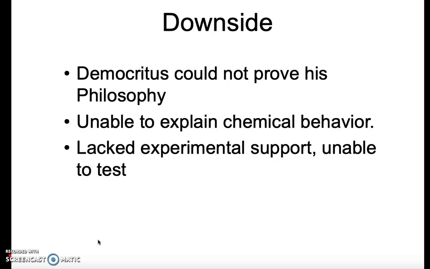Now, the downside to Democritus is that he could not prove his philosophy. He was unable to explain the chemical behavior, and he lacked experimental support because he was unable to test. They didn't have modern day testing.